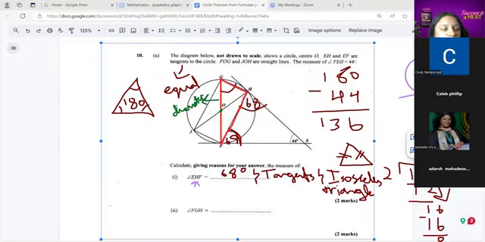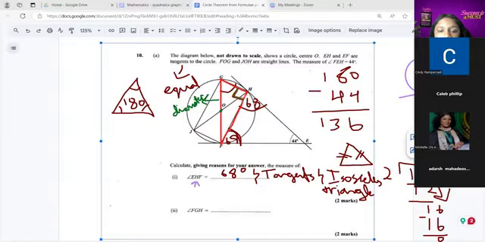So this one we have to do some work around the block. I'm thinking. So there was a rule that says angles in a semicircle: formed from the diameter, the angle that touches the circumference is 90 degrees.